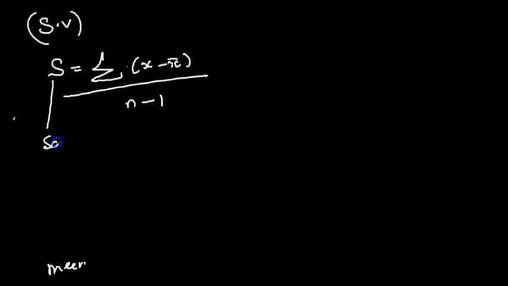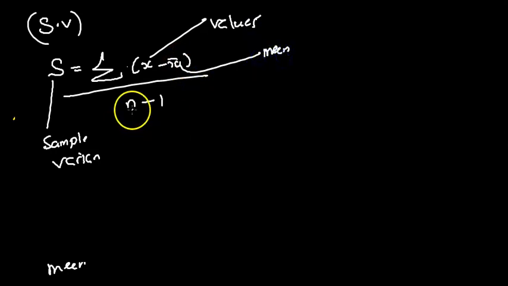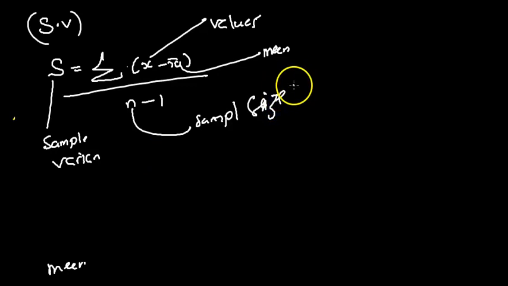This is what we call the sample variance. The X is simply the values given, this is our mean, and this is the sample size, or population size, but remember we have minus 1. We have the size but minus 1.